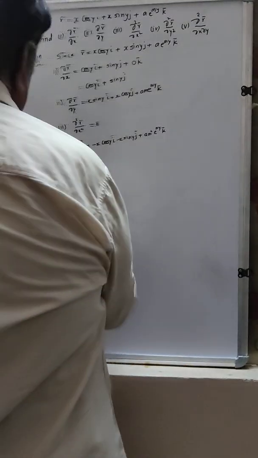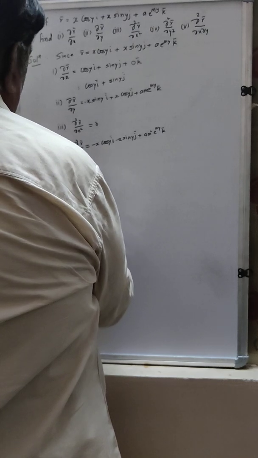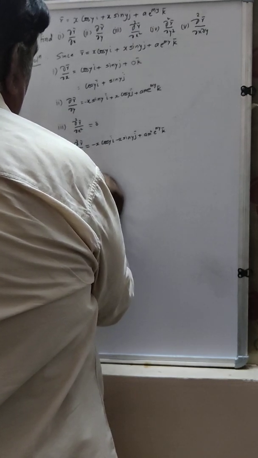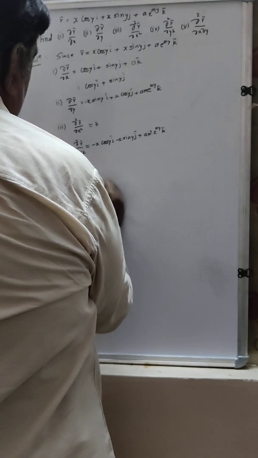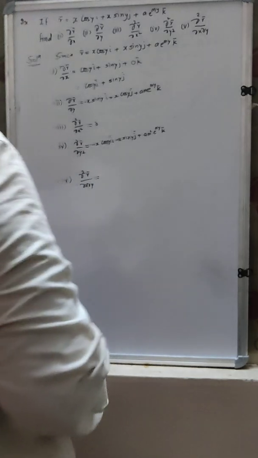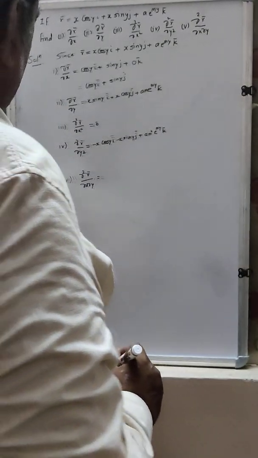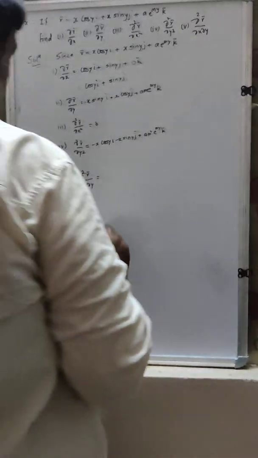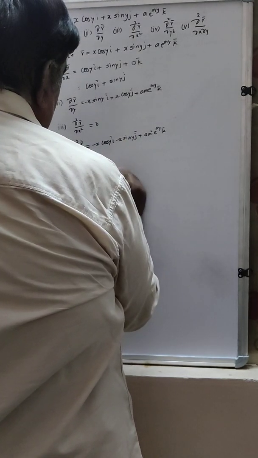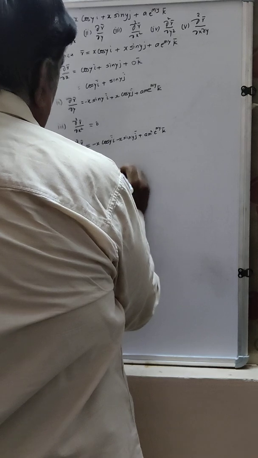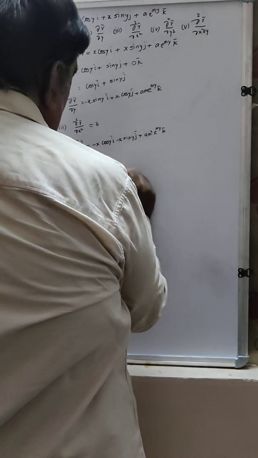Fifth, ∂²r vector by ∂x∂y is equal to, differentiate this with respect to x. Minus sin y is constant, derivative of x is 1, i vector.